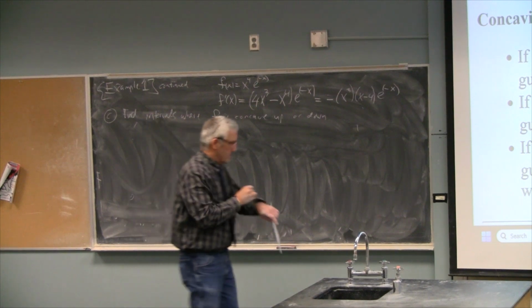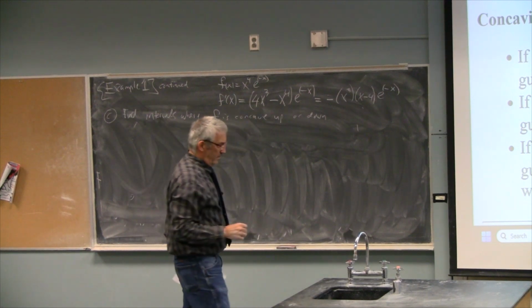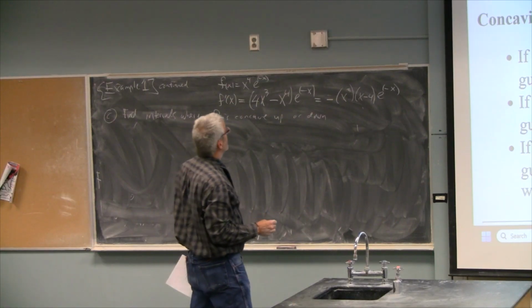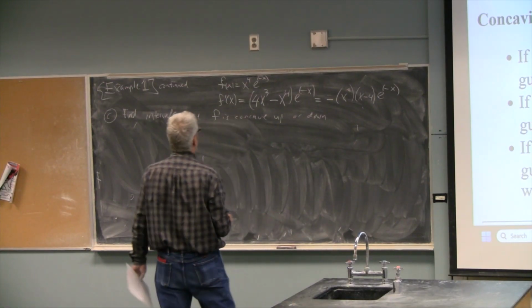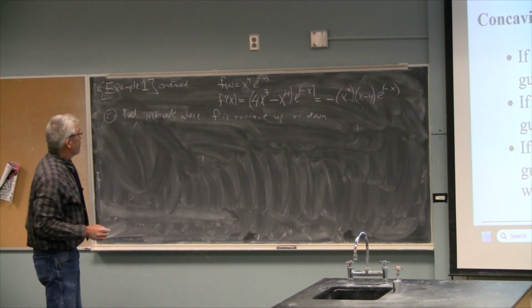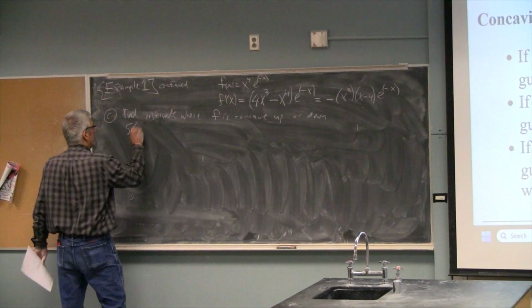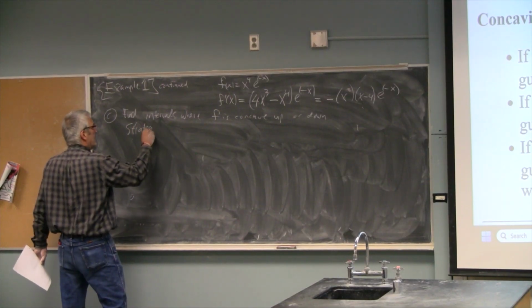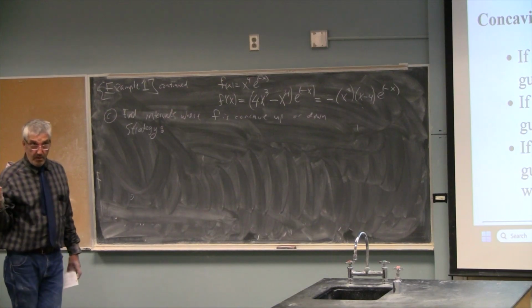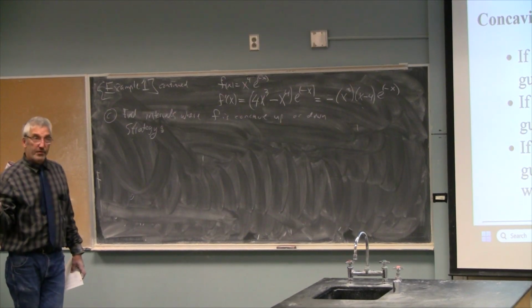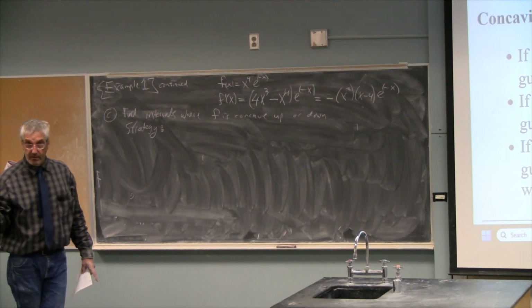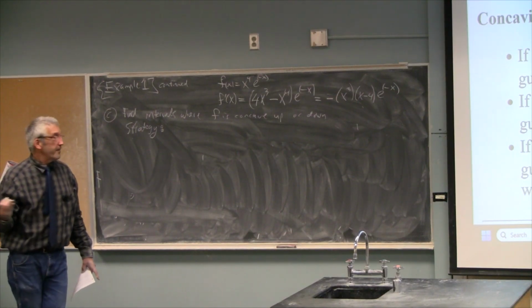All right. Well, the last one, for one thing, I kind of crashed and burned because I tried to not show the details, but I want to try to not crash and burn. So the strategy is we're going to find f double prime, analyze the sign behavior of f double prime, and use that concavity test to tell us about the concavity behavior of f.